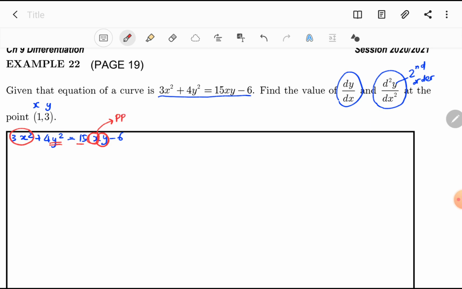So we need to use the product rule. For the product rule here, what is your u? And what is your v? So u is x and v is y. u prime is 1 and v prime, differentiate y, is dy dx.